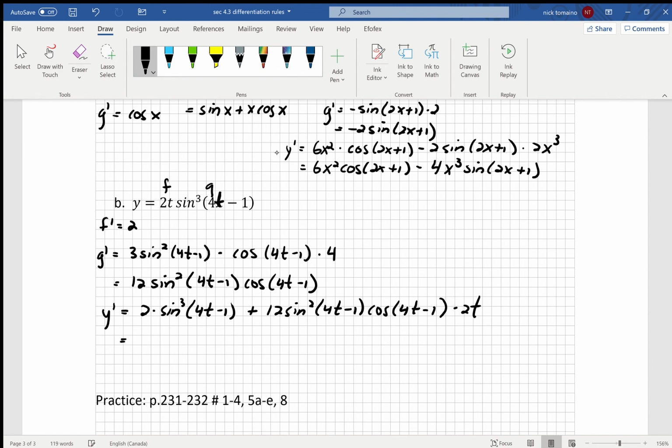And just about done. 2 sine cubed 4t minus 1 plus 24 sine squared 4t minus 1. Again, cos 4t minus 1. Done. Try those questions. Enjoy.